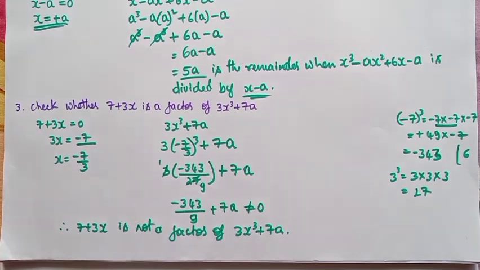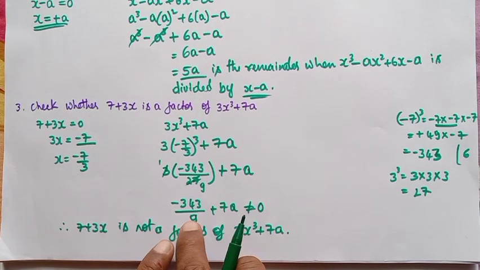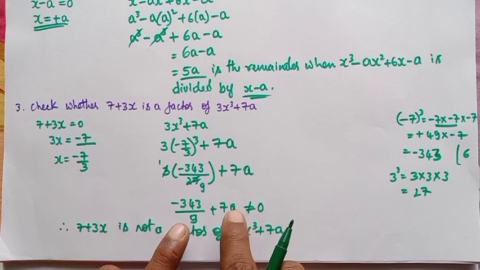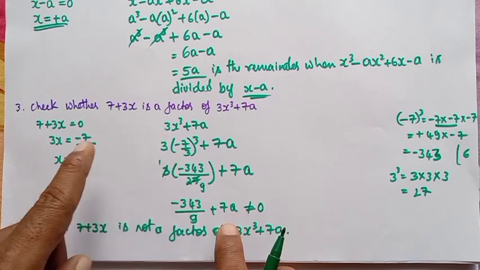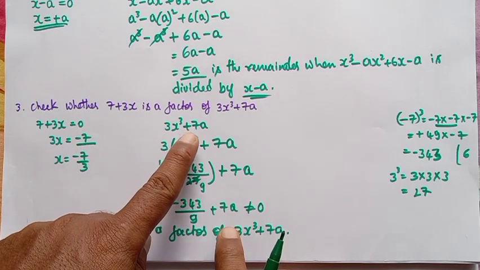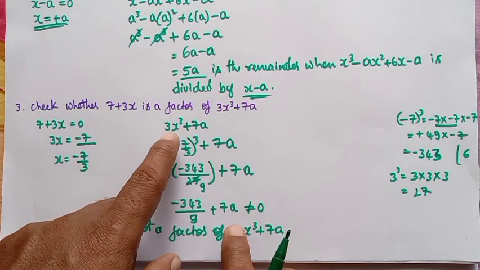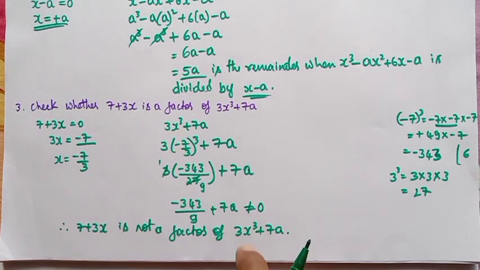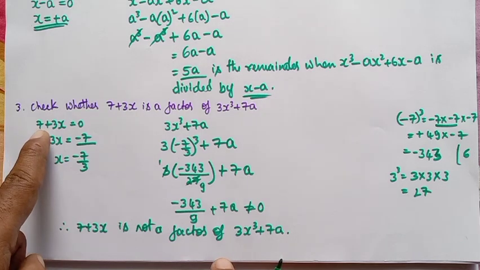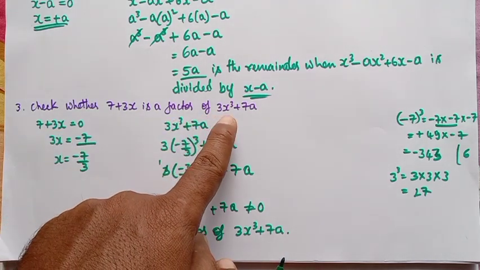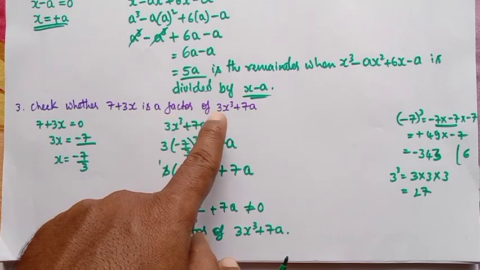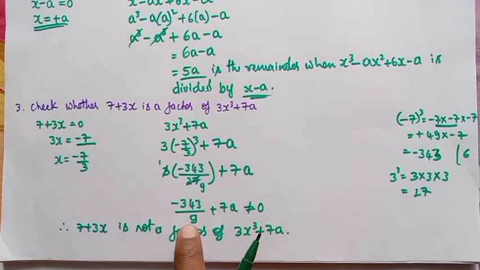That means if this is equal to 0 when we substitute the value of x in the given polynomial, if this polynomial were reduced to 0, then definitely 7 plus 3x would have become a factor of the polynomial. But here, as it is not equal to 0, 7 plus 3x is not a factor of the given polynomial 3x cube plus 7a.